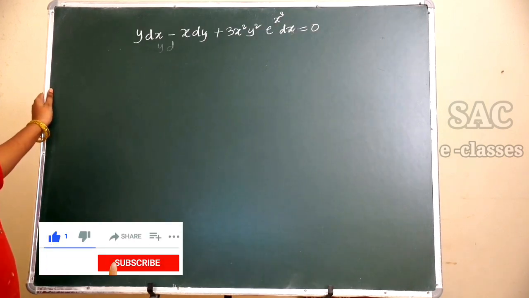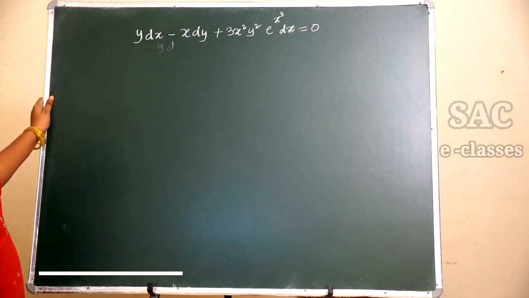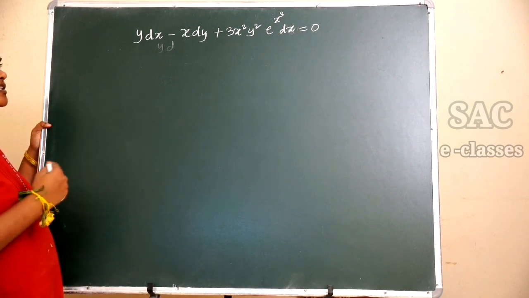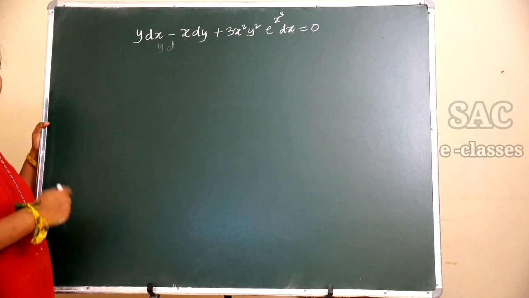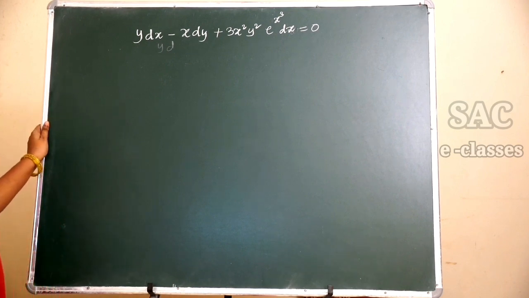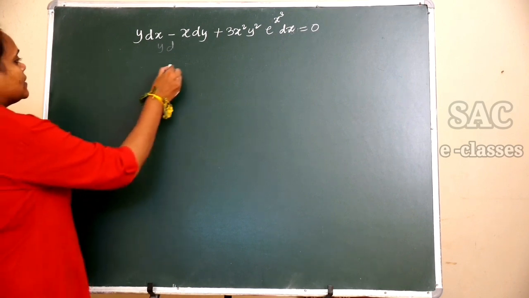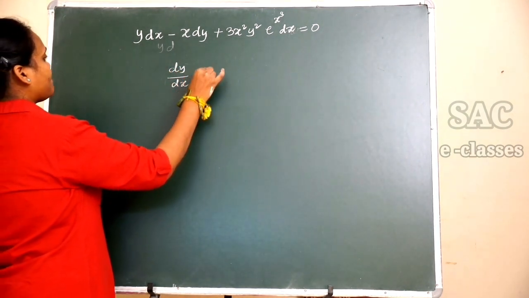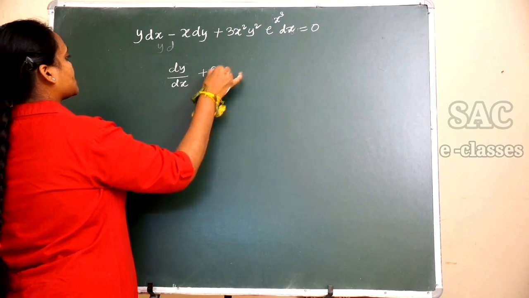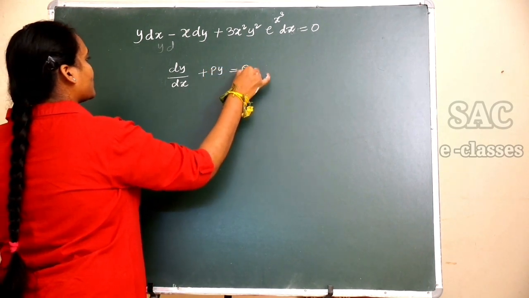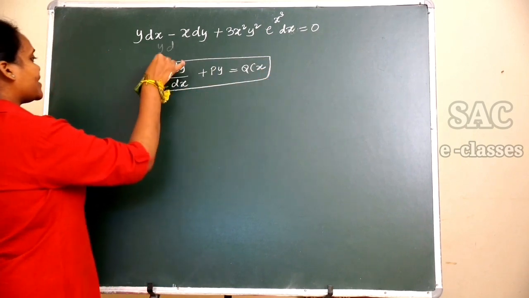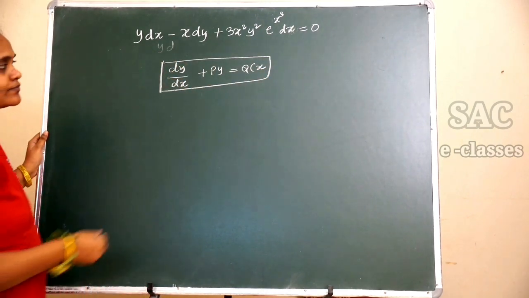I told you already, among these 6 models, one of the very important models is the linear differential equation. That is dy by dx plus py is equal to q of x. With the help of an integrating factor we will do it.